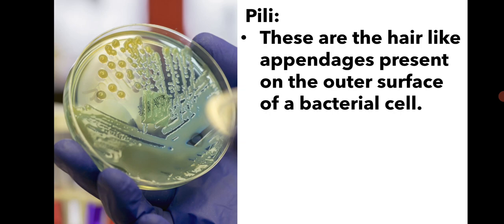As I already mentioned, when the bacteria want to infect a human being, these pili are the structures present on the bacterial cell wall that help the bacteria to get attached to the mucus lining of the human being. They firmly attach themselves using these pili. One more use of these pili is that these are the appendages by which genetic transfer takes place from one cell to another cell.